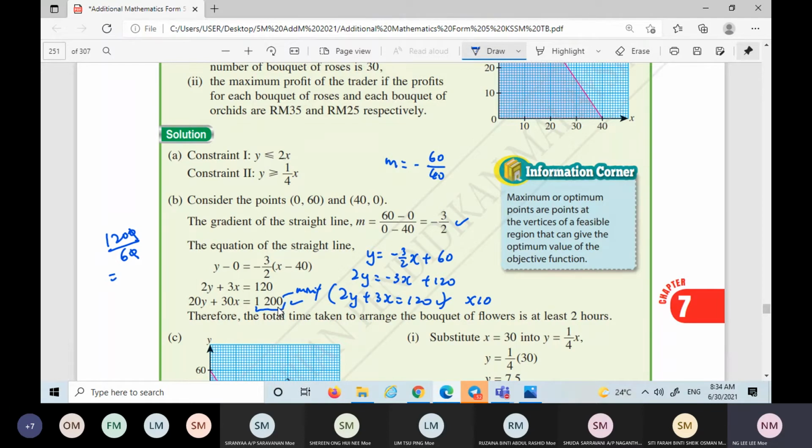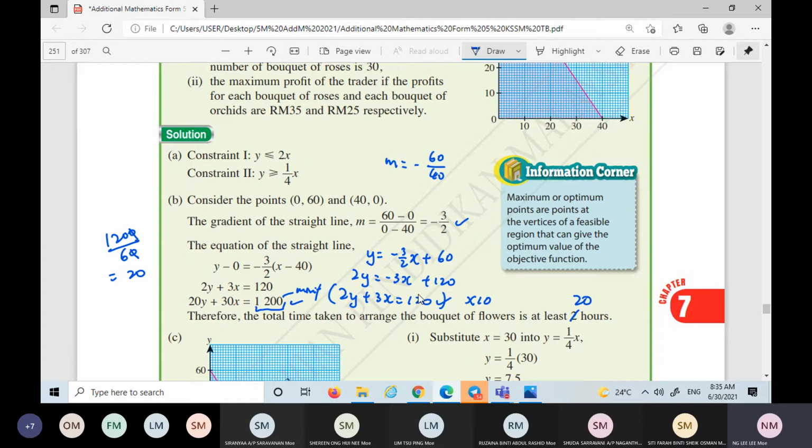This is minutes, so 1 hour is 60 minutes, so I divide by 60, correct? So this is 20. Why got so many mistakes? So it's 20 hours. Okay, 20 hours. Can't tahan. Okay, so this is 20 hours.